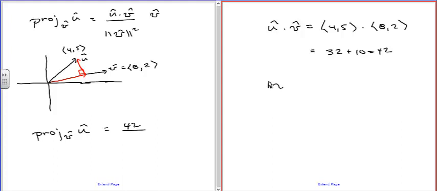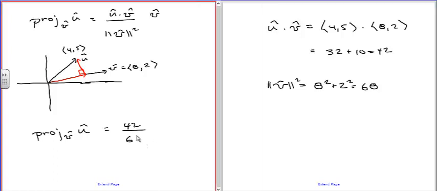Okay, so the magnitude of vector v squared, you just take the components and square them. 8 squared plus 2 squared, so that's 64 plus 4, that's 68. Now the magnitude is the square root of this, but if it's the magnitude squared, you just add the squares of the components.